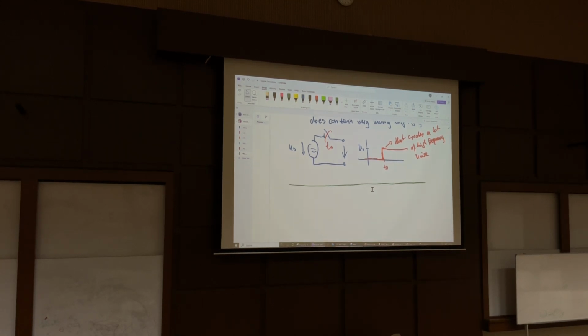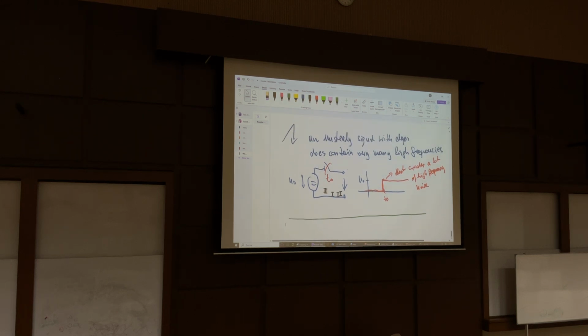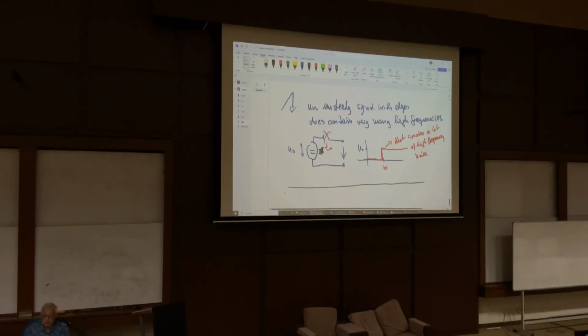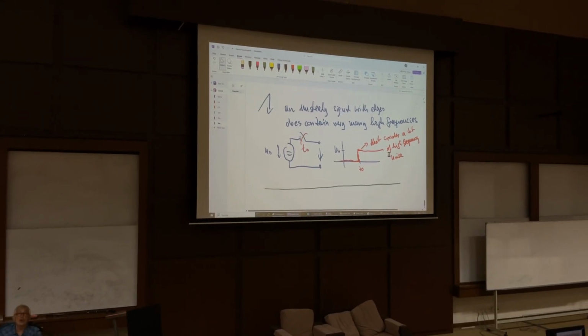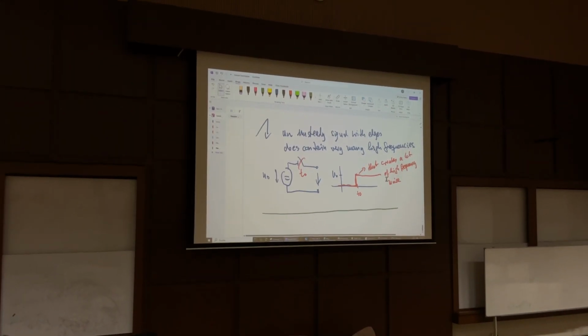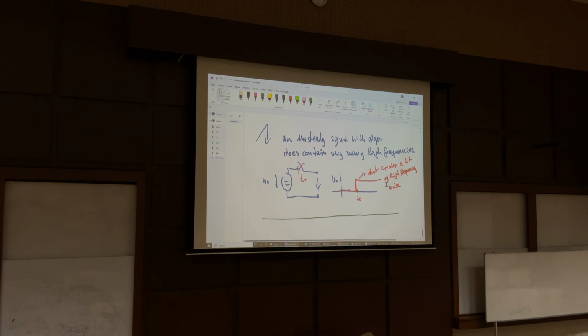What has that for a practical impact? The practical impact is that you have here, for example, a DC voltage, and you switch it on. This switching on of a DC voltage is like a rectangular pulse.